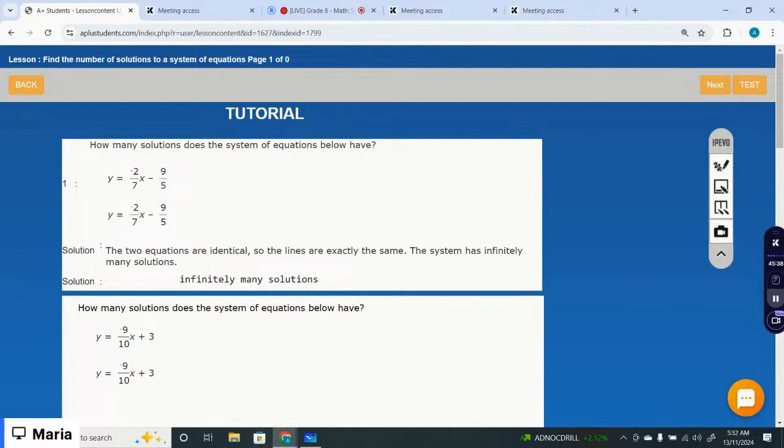They have the same slope, right? Oh, sorry, the lines are exactly same, not only slope. The y-intercept is also same. The equations are exactly same. That means the equations have infinitely many solutions, right? Because the equations are exactly same, they have infinitely many solutions.